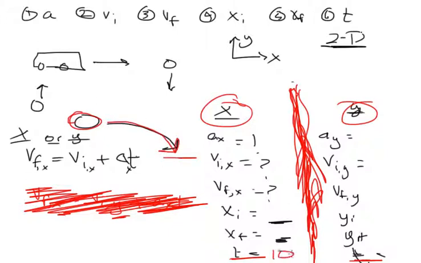Then the time is 10 on the x and time is 10 on the y. It might seem a little redundant, like why write it twice, but it also just keeps it consistent, right? I told you always write the 6 things, just do them separately for x and y. So you will need time for y and time for x separately. So you might as well just write it twice like that.